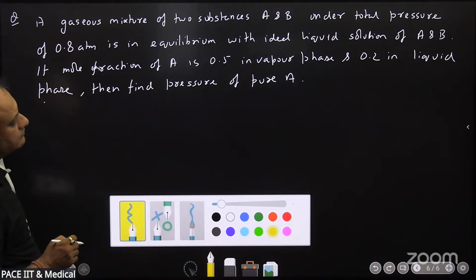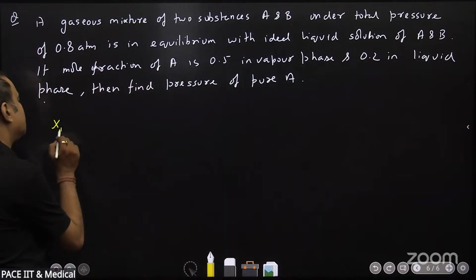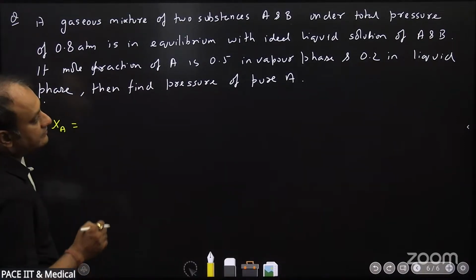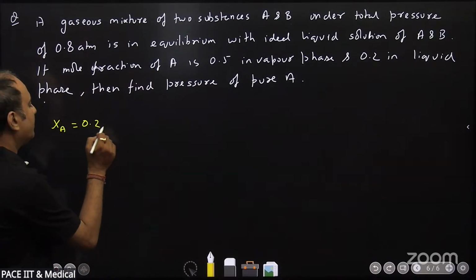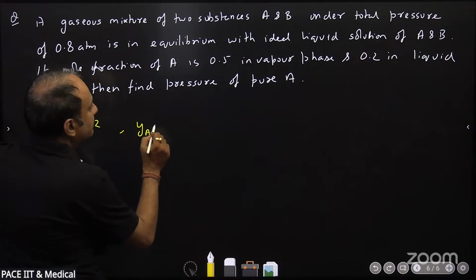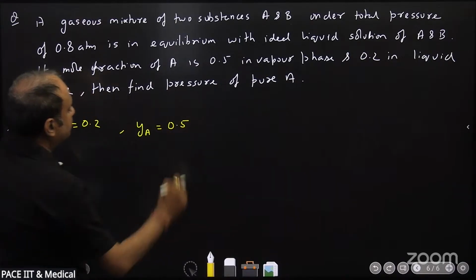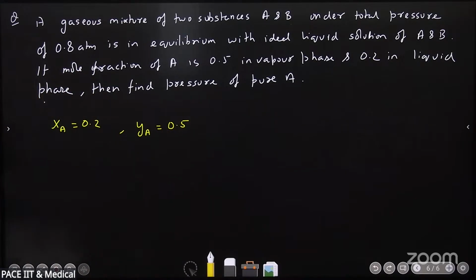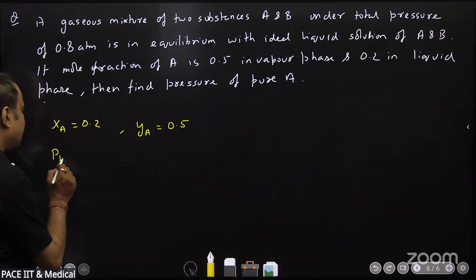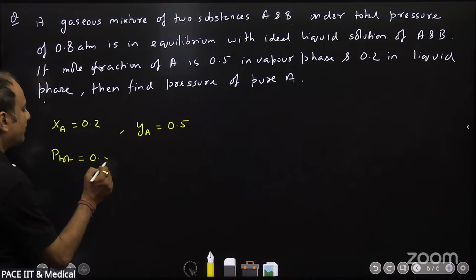So here XA is given 0.2, YA is given 0.5. The mole fraction of A in liquid and vapor forms are given to us. Clear? And P total is given to us as 0.8.